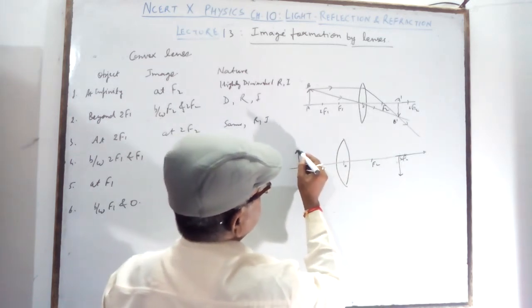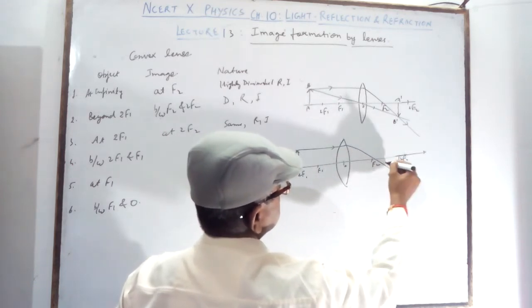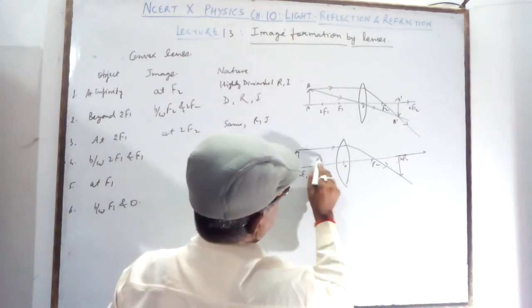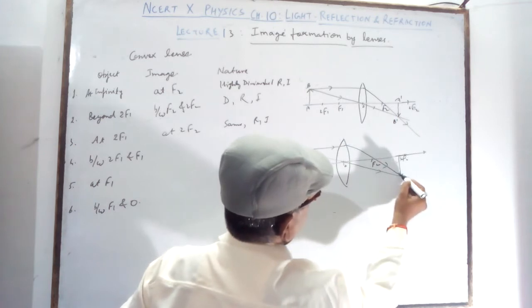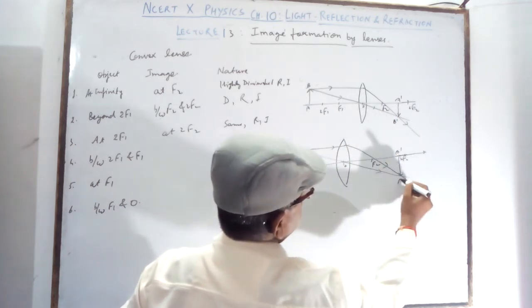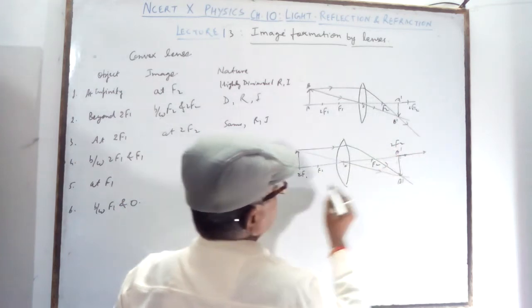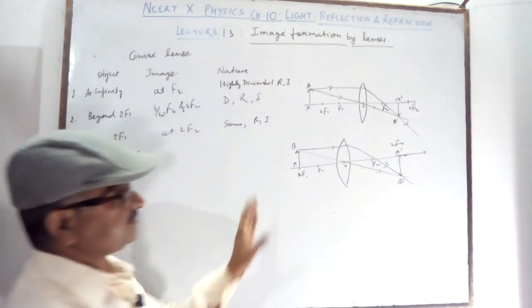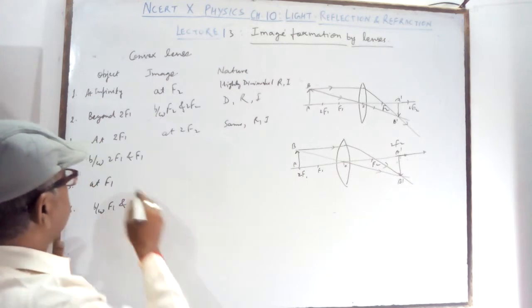You get a ray which is parallel and passes through the focus. One ray goes through the optical center and passes through here, and it will be A dash B dash at 2F2. If the object is AB, then you get the same size, real and inverted image at 2F2.